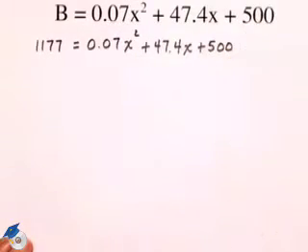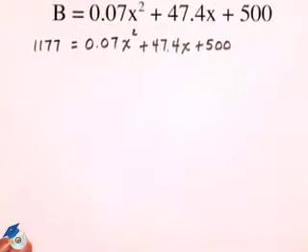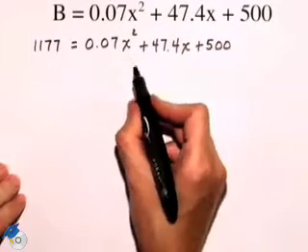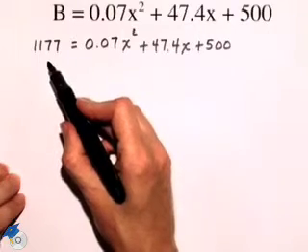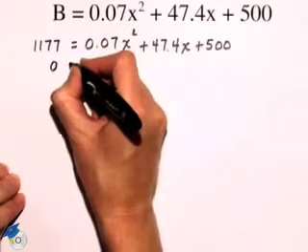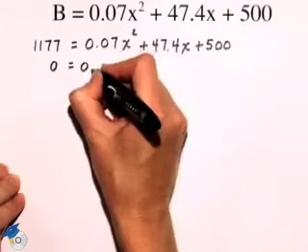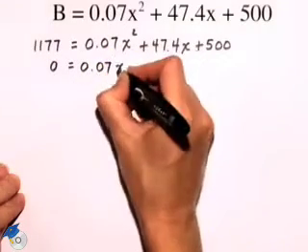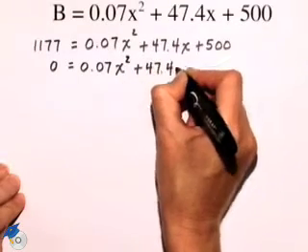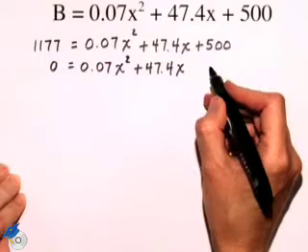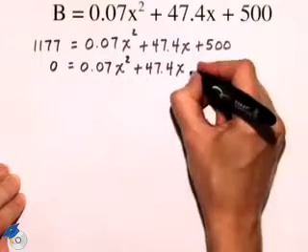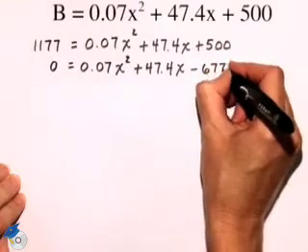Now, we have a quadratic equation that we really are going to need a calculator to help us solve. So, in order to put it into standard form, let's first subtract 1,177 from both sides of the equation, and we'll get 0 equals 0.07x squared plus 47.4x, 500 minus 1,177 equals negative 677.